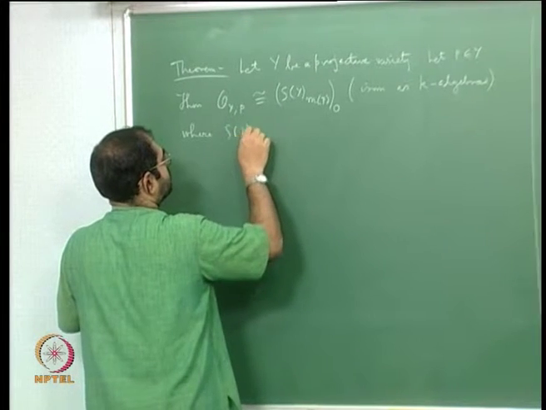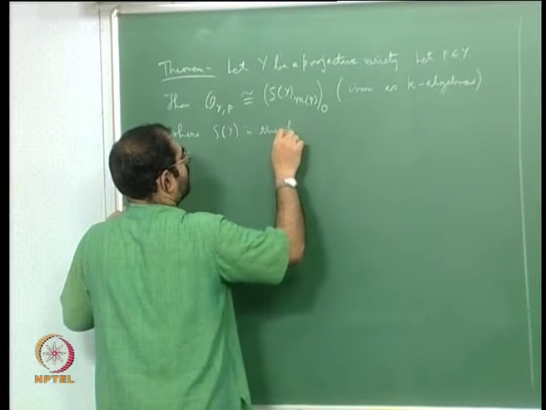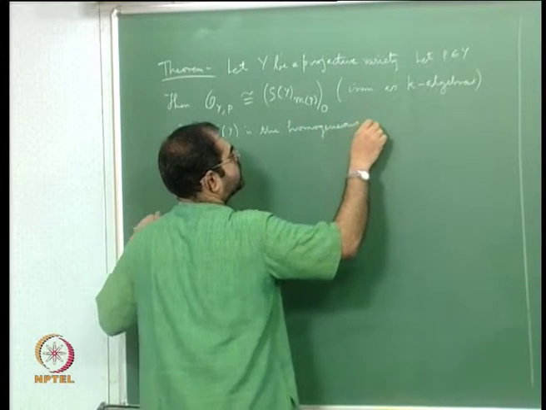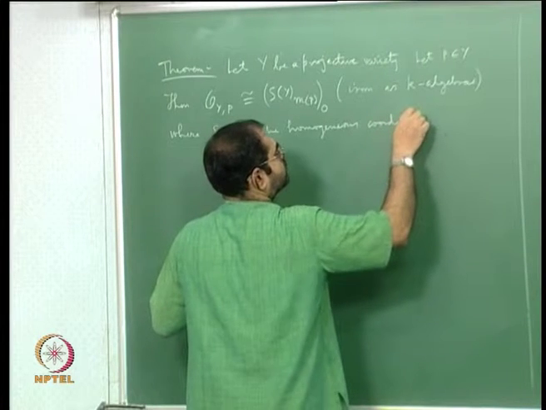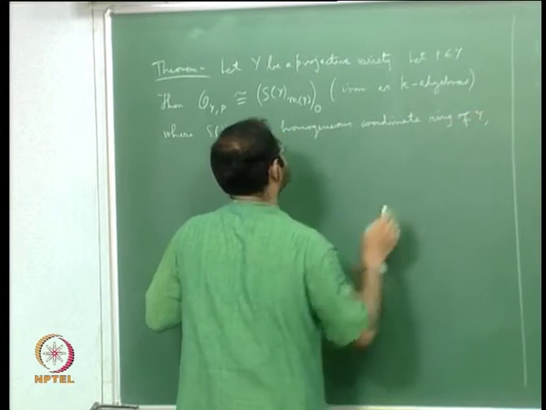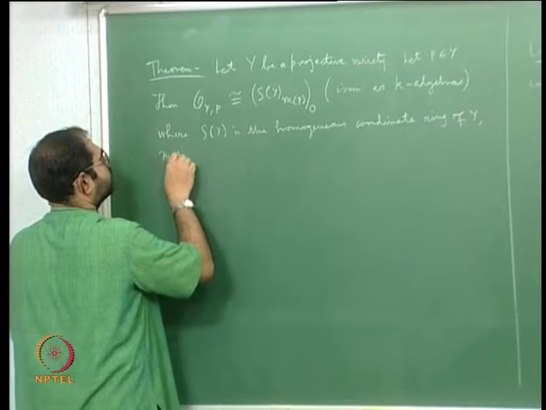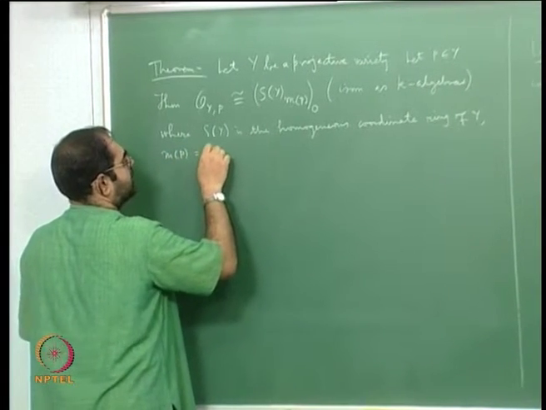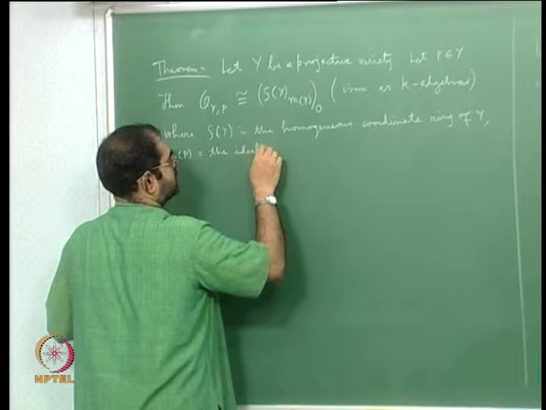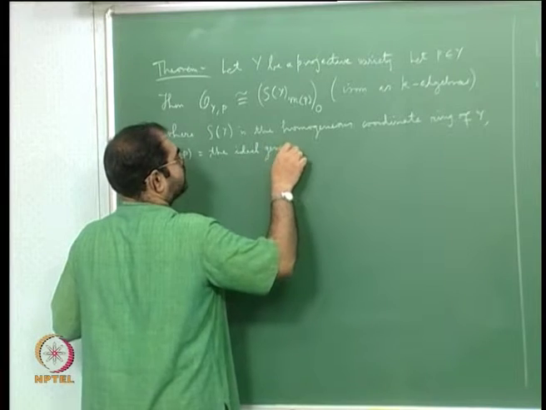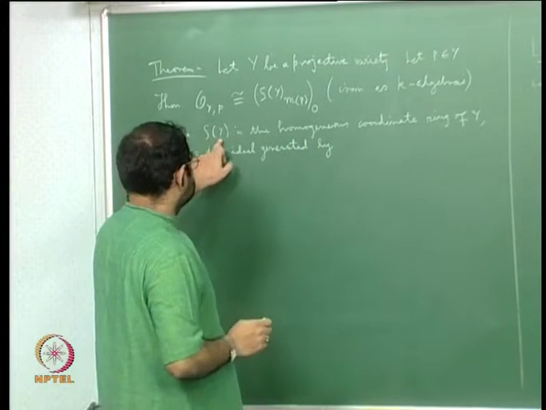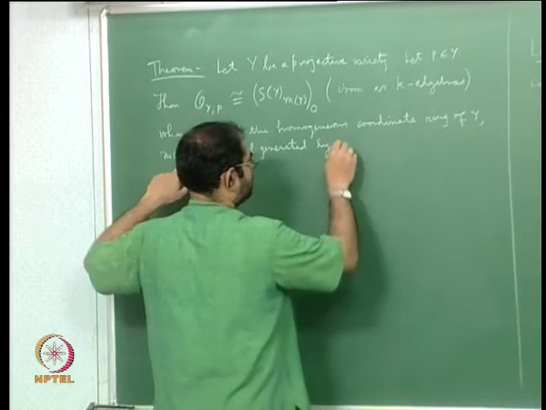Here S_Y is the homogeneous coordinate ring of Y, m_p is the ideal generated by functions in S_Y which vanish at p.